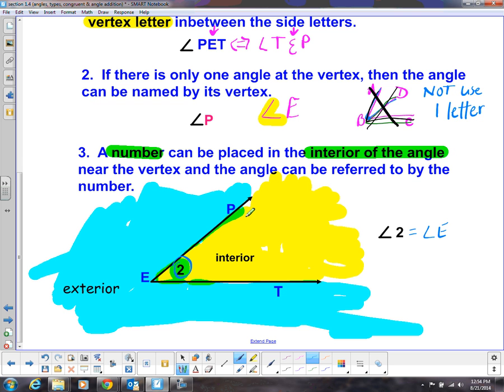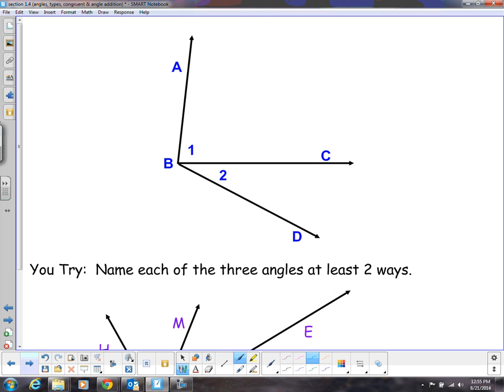Now, the interior of an angle is the space between the rays, and these rays go on forever, so this area is infinite. The exterior of an angle is all the space that is not inside the angle, but outside the angle.